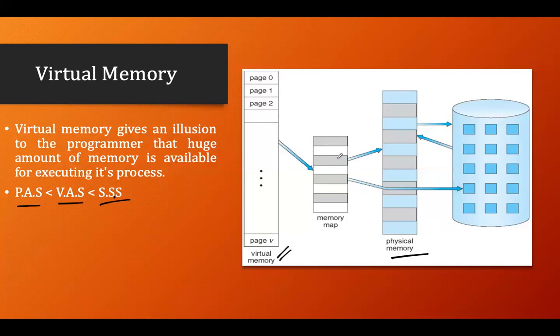So for the whole virtual address space of a particular process, we assume that the same amount of memory is allocated in the physical memory. That illusion is called virtual memory. To fulfill the concept of virtual memory, we use the concept of demand paging or demand segmentation.